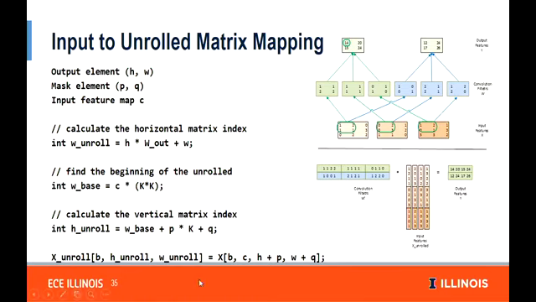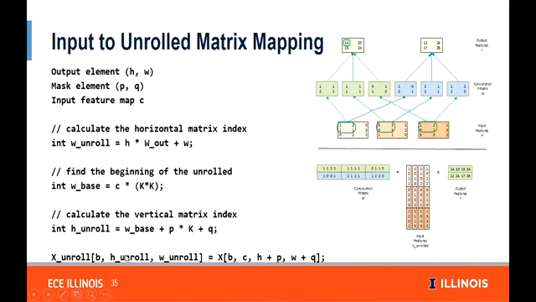So naturally, what I'm going to do is just assign the input feature map selected by the batch index, selected by the channel index, and then the input element is going to be H plus P, and W plus Q. So this is the element that we're going to pick, 1, 2, 3, 4 here. So each one will have a P, Q of 0,0, 0,1, 1,0, 1,1.